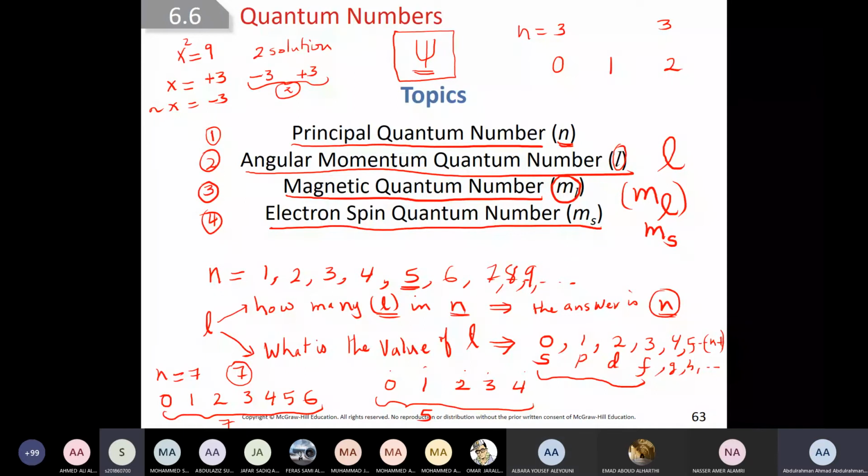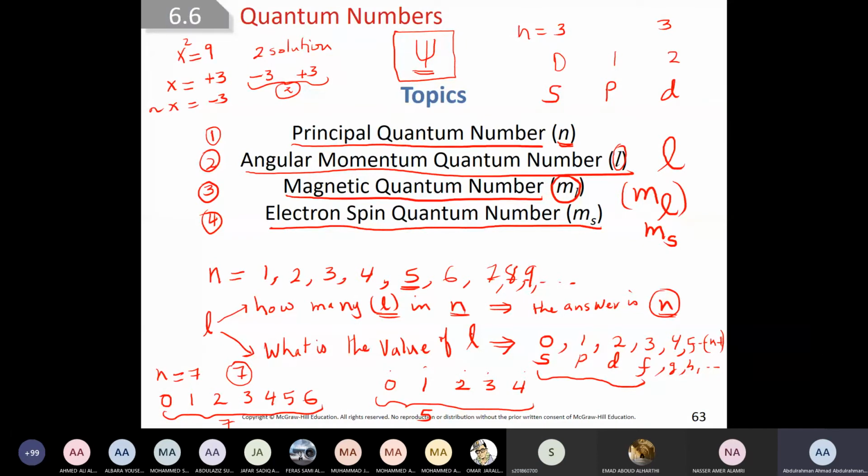S, P, and D. It's the same thing. So if somebody said the solutions are S, P, and D, is this correct? Yes, it is correct. Or 0, 1, and 2.